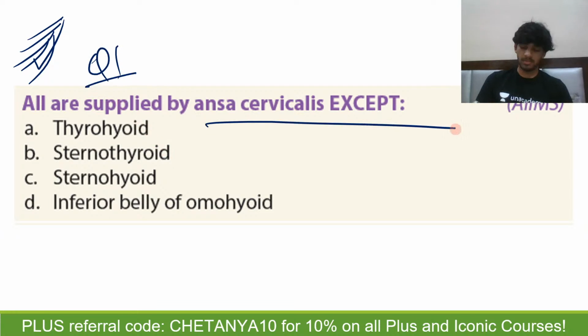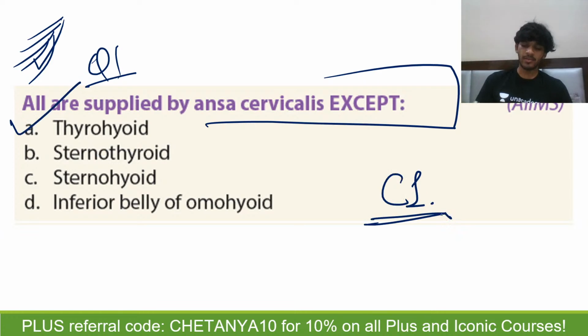Are they supplied by ansa cervicalis? Yes. Thyrohyoid. Why? Because thyrohyoid is supplied by C1, which is piggybacking with the hypoglossal nerve, right? These three muscles will be supplied by the ansa cervicalis.